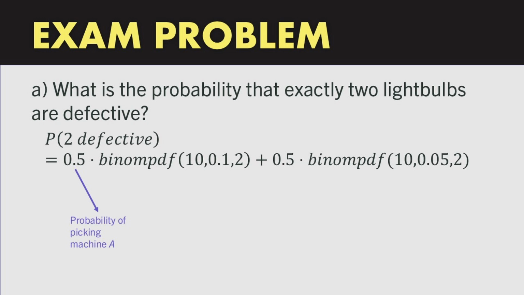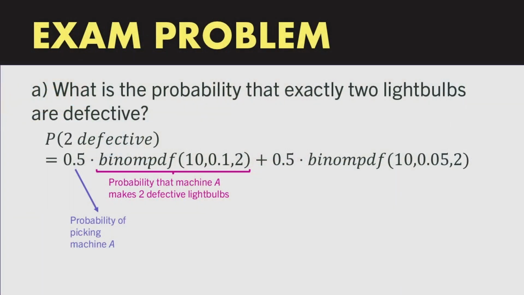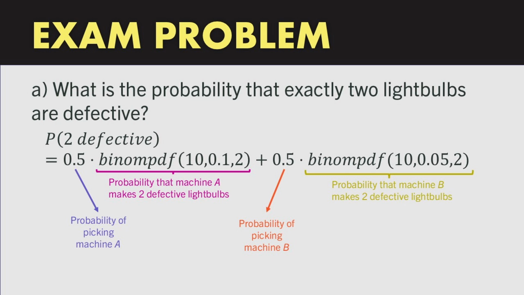So I have 0.5 times the probability that the machine makes 2 defective light bulbs, which in the calculator I'm going to calculate as binomial PDF with 10 trials, 0.1 as my success probability, and 2 as my value for X. That plus choosing machine B, which has a probability of 50%, so 0.5 times binomial PDF with 10 trials, 0.05 probability of success, and 2 for my value of X. I'm going to go to my calculator to calculate that.